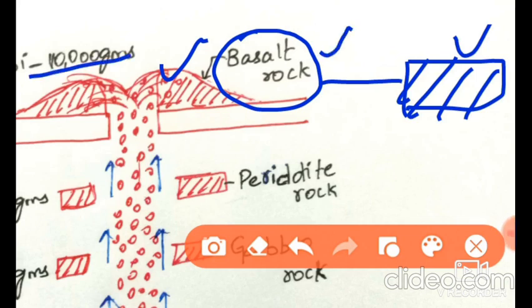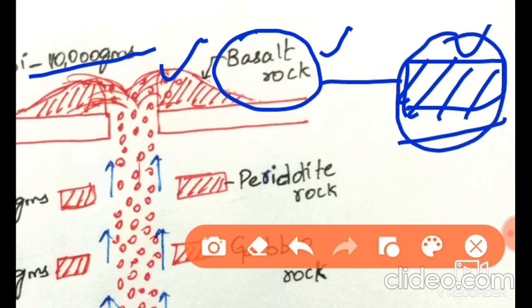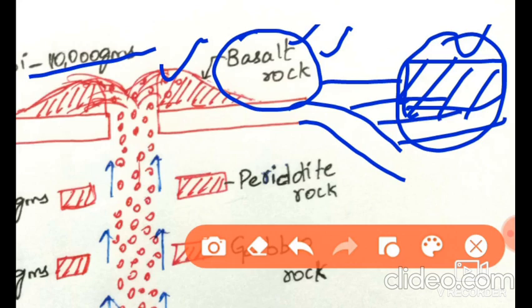If basaltic rock has 10,000 grams of silica, then this continental crust, which is made up of granite, may have 1 lakh grams of silica, which means the continental crust is lighter than the basaltic rock. So this is the reason the ocean crust gets subducted under the continental crust, and this is also the reason why the ocean crust is denser.